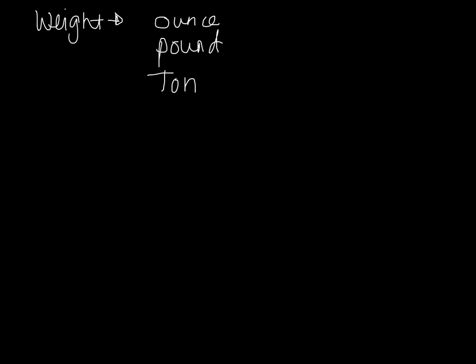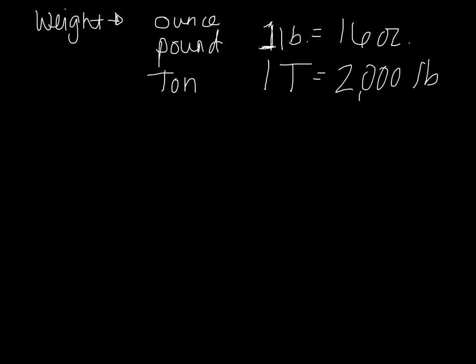Okay, 1 pound, we abbreviate pound LB. So this is a 1, the next one is an L. LB equals 16 ounces. 1 ton, we abbreviate with capital T, equals 2,000 pounds, or LBs. Okay, that's all we've got there.